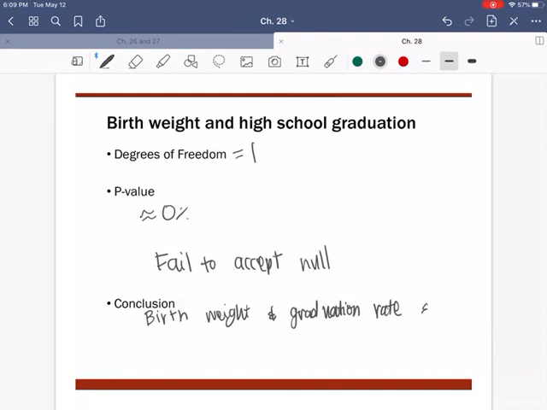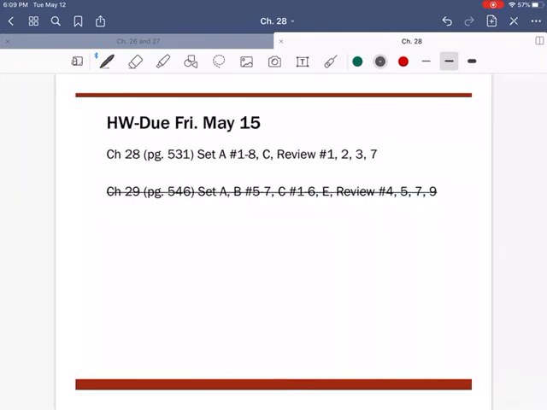But what we were trying to say before I got distracted is birth weight and graduation rate are dependent.